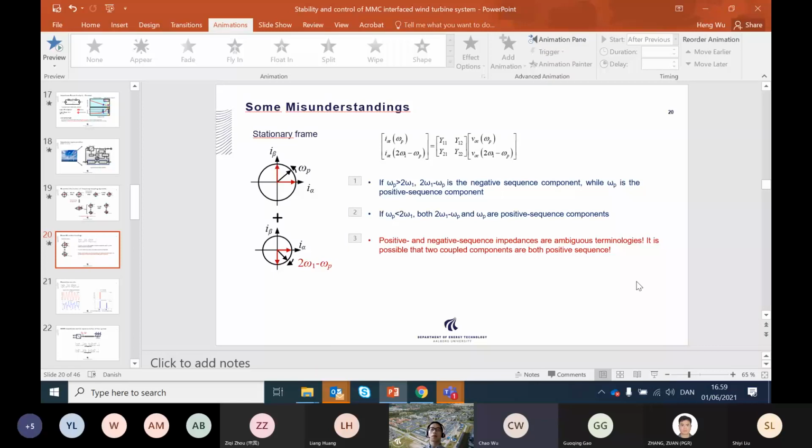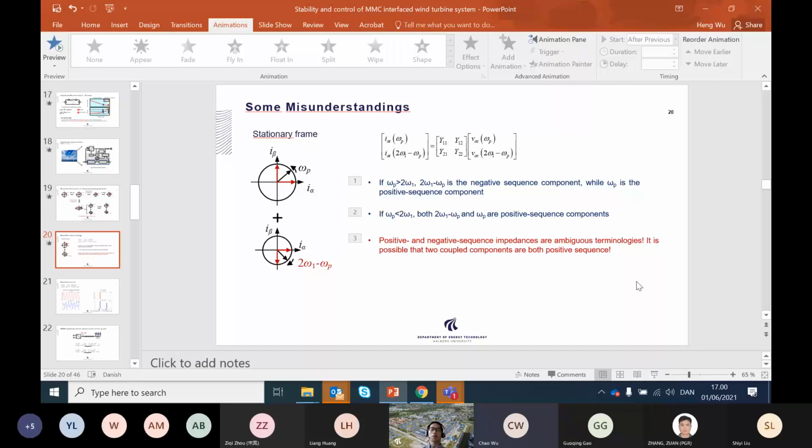But I fully understand your point and agree with you that it's not the coupling between the positive and negative sequence. The sequence should make a frequency shift, and the shift is s minus j omega 1. So this is the two couplings.